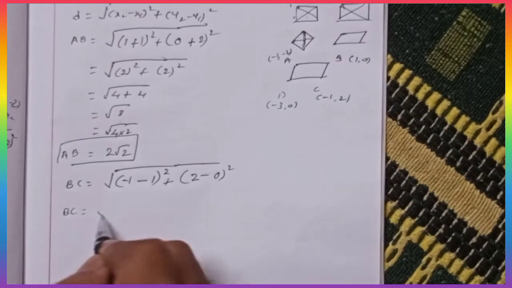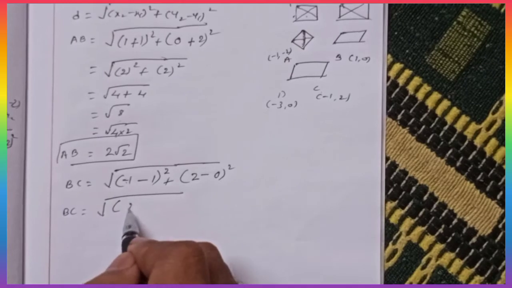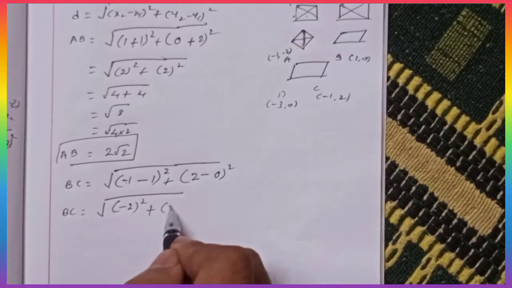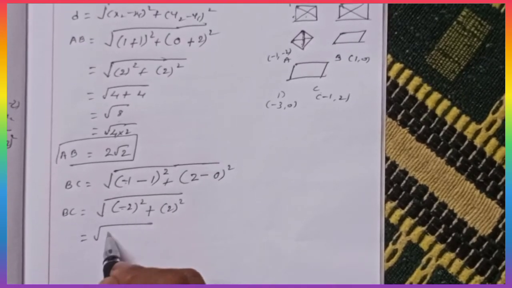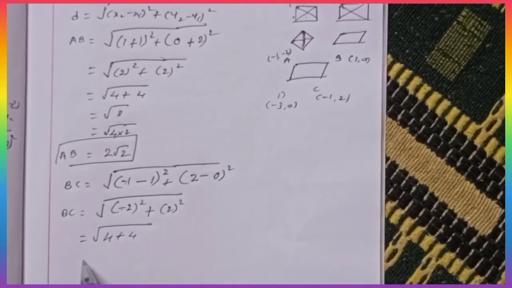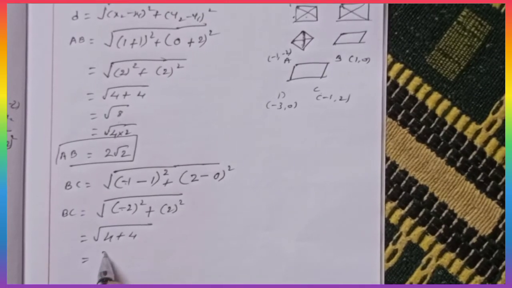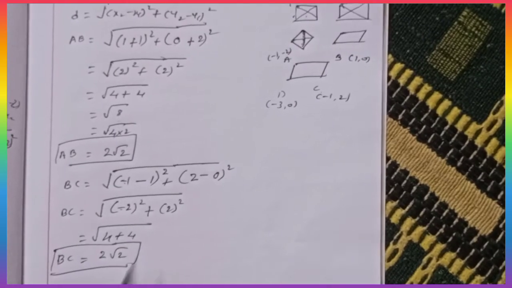So BC is equal to the square root of, both the numbers have the same sign, add the numbers, that is 1 plus 1 is 2, write the common sign, (-2) whole square, plus 2 minus 0 is 2 square. Minus square becomes plus, 2 square is 4, plus 4. We already know 4 plus 4 is 8. So 8 can be written as 4 into 2, and it can be written as 2 root 2. So the length of BC is also 2 root 2.